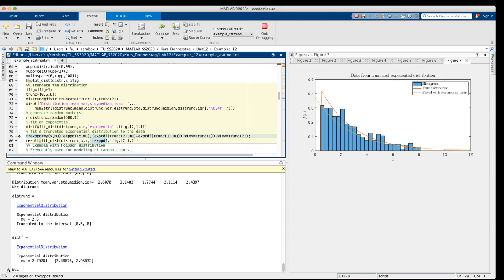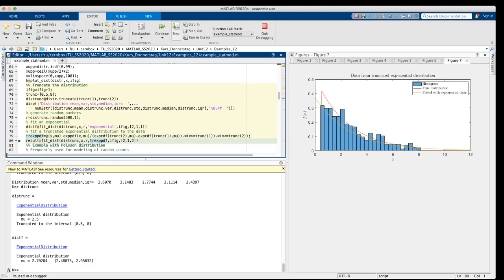And then we multiply by two logical vectors. So in the end, this PDF is not equal to 0 only if x exceeds the lower end and does not exceed the upper end. So this function handle represents the PDF of a truncated exponential with parameter mu.